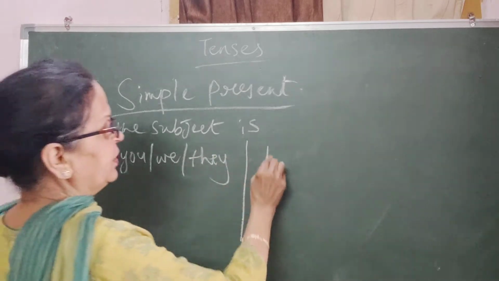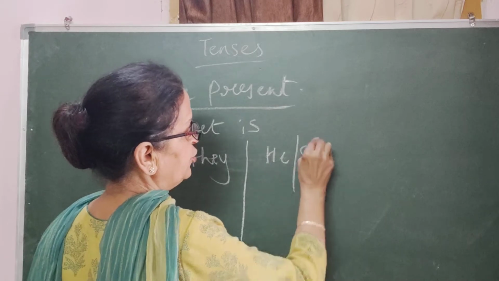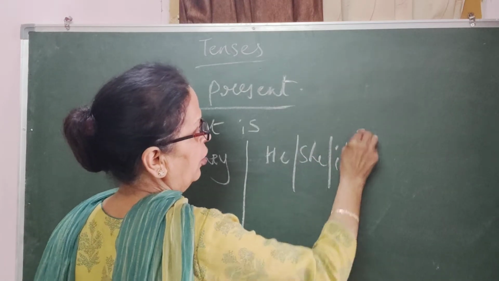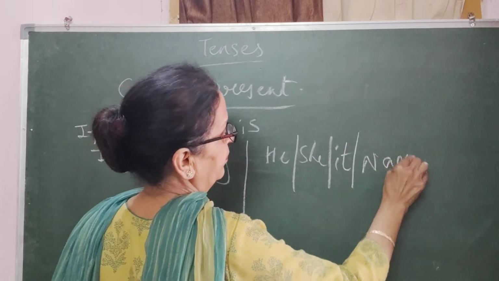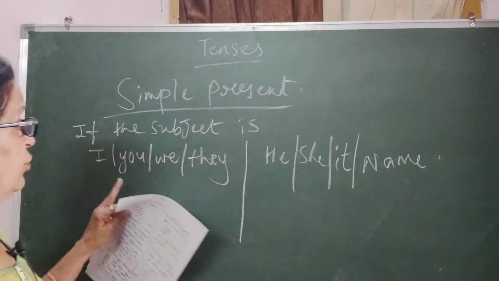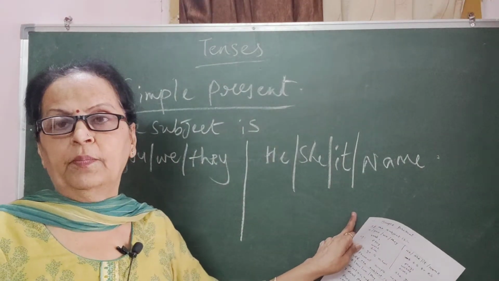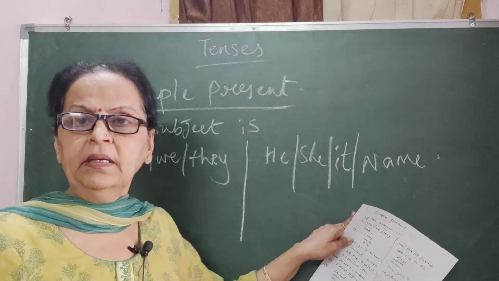And if the subject is he, she, it or a name. Now, according to the subject, we are going to use the verb, and that will be simple present tense.